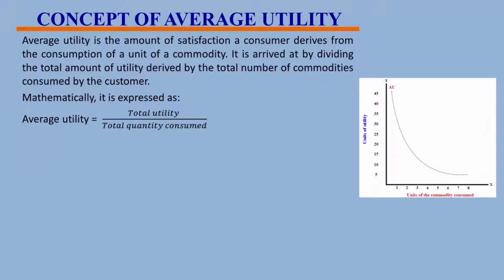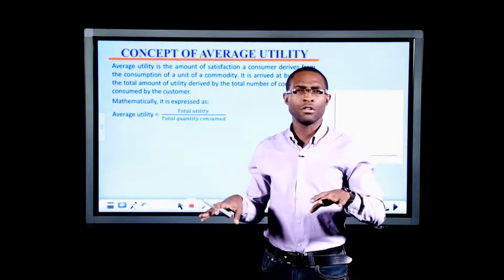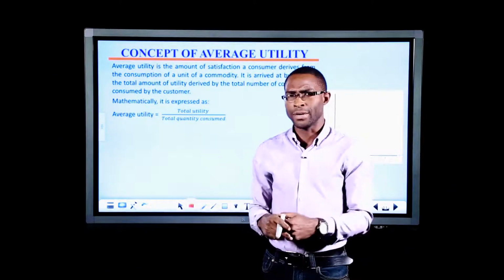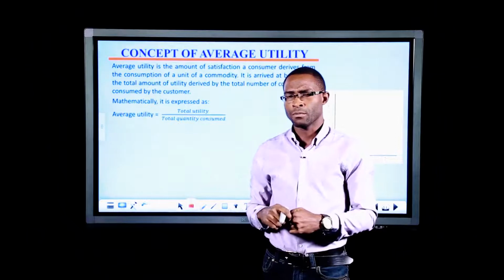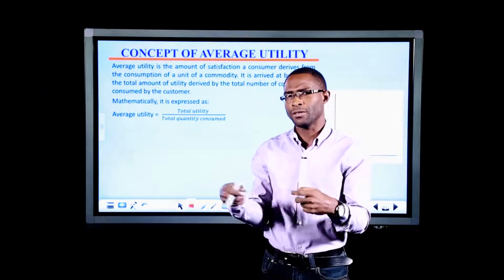Now, what is average utility? Average utility refers to the satisfaction a consumer derives from the consumption of a single unit of a commodity. Now I'm going to use something you will understand better. Biscuit. When you open a pack of biscuit, it maybe contains 4 pieces.